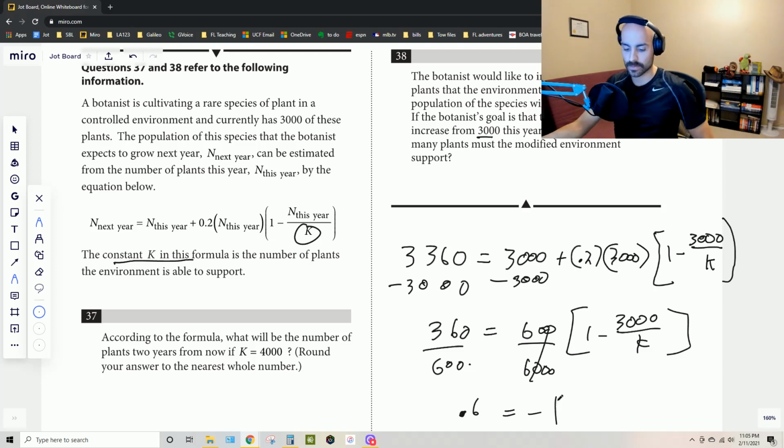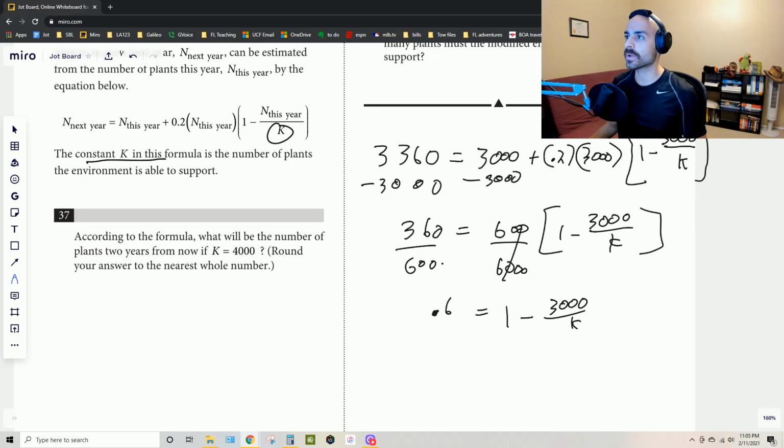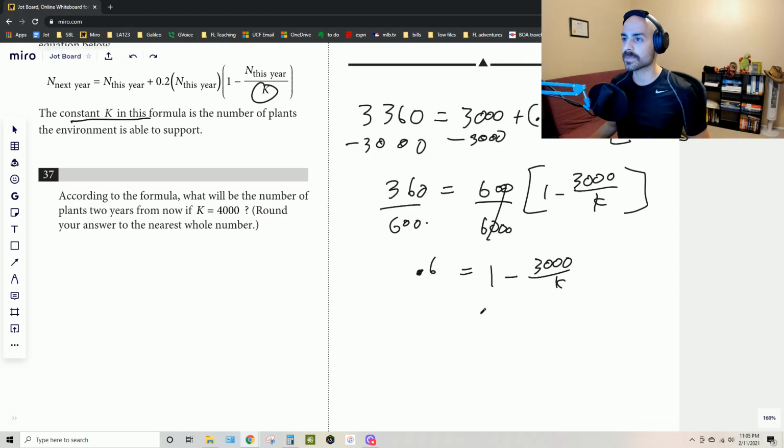And that's now equal to 1 minus 3,000 over k. And I made sure I did this order because when I realized that I have such a complex situation here, I'd rather just leave this for last, because now look how much easier it's going to be. I can get the k by itself by first getting this term by itself.